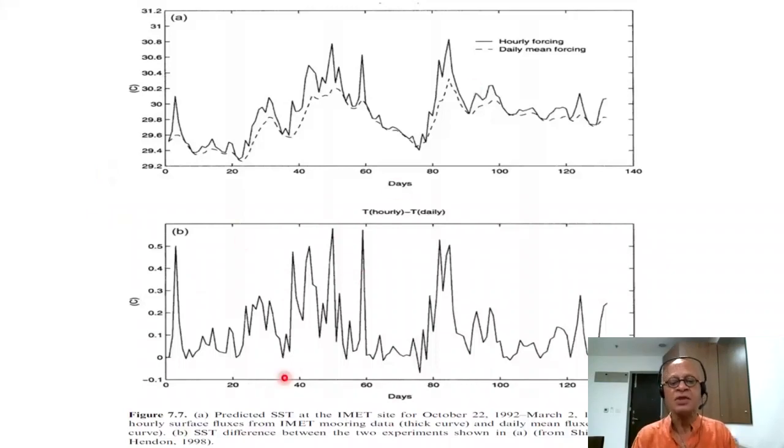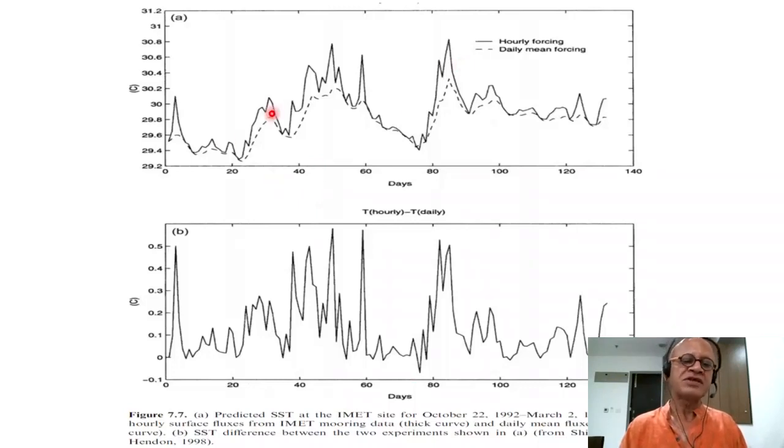So here, predicted SSTs at the IMET site for October 22, 1992 to March 1993 using hourly surface fluxes from IMET mooring data are in the thick curve here, and daily mean fluxes in the dashed curve, and SST differences between the two experiments are shown in A. This is from a modeling experiment of Shinoda and Hendon.